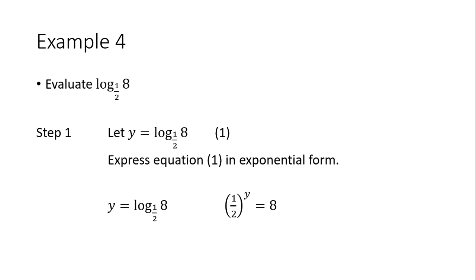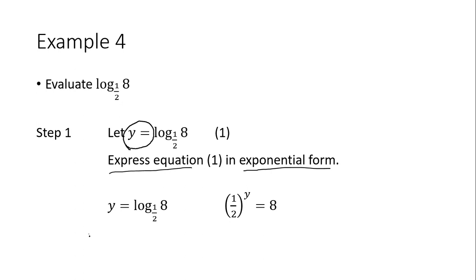Next, number 4, again, we have to evaluate the logarithm of 8 to the base of 1/2. Okay, again, for step number 1, we will be writing it as a function, so we will be putting y is equal. Then after that, we will be expressing the equation into exponential form.